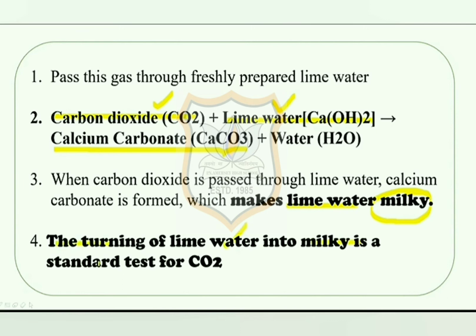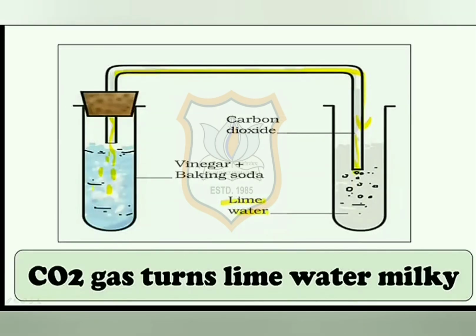The turning of lime water milky is a standard test for CO2, that is carbon dioxide. So, vinegar and baking soda together produce carbon dioxide, and carbon dioxide gas turns lime water milky.